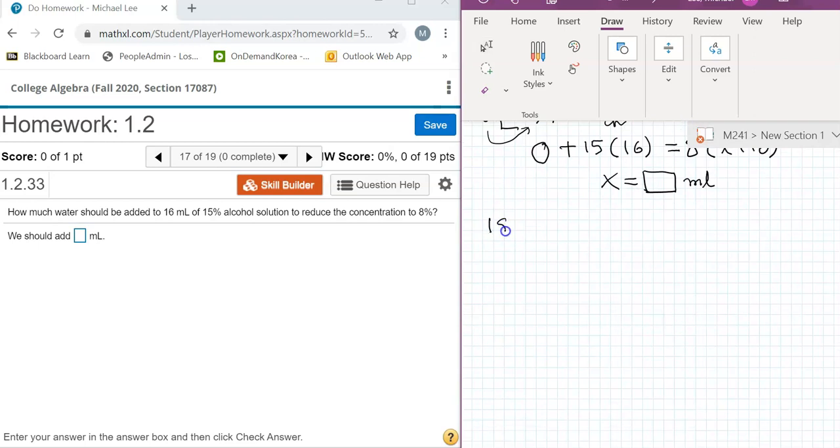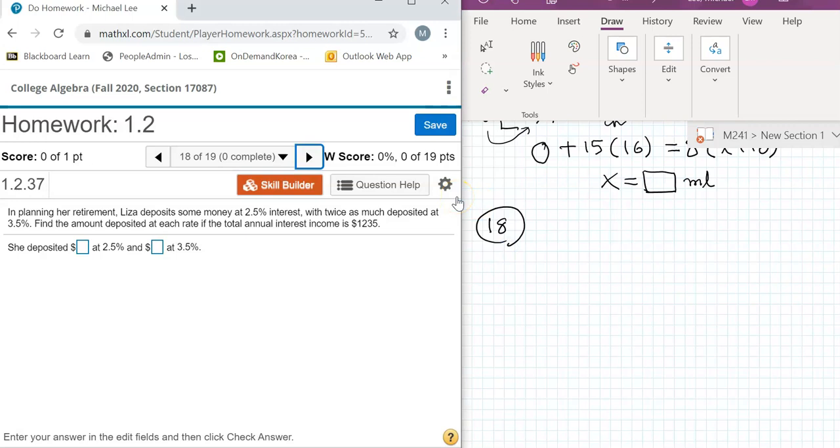Now 18. In planning her retirement, Lisa deposits some money at 2.5% interest, with twice as much deposited at 3.5%. Find the amount deposited at each rate if the total annual interest income is $12.35.